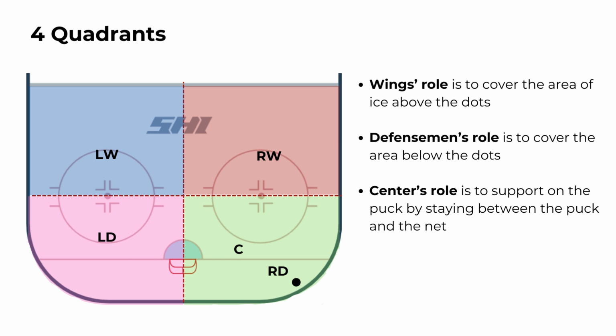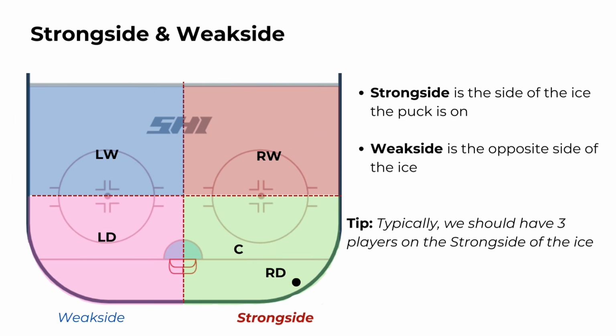This is also a good time to point out that we rarely refer to the sides of the ice as the right side and the left side. Instead, we call them the strong side and the weak side. The strong side is the side of the ice that the puck is on, while the weak side is the opposite side. Because the strong side of the ice is the side that the puck is on, the strong side switches when the puck moves from one side of the ice to the other.